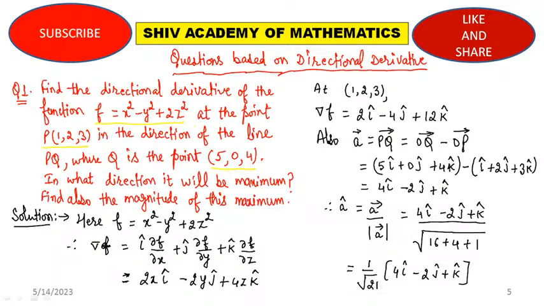So we have to find the directional derivative of this function f in the direction of this line PQ. And as I discussed in the previous slide, maximum of del phi: two more questions are asked in the same problem. In what direction it will be maximum, and also find the magnitude of this maximum. We will discuss all these one by one.